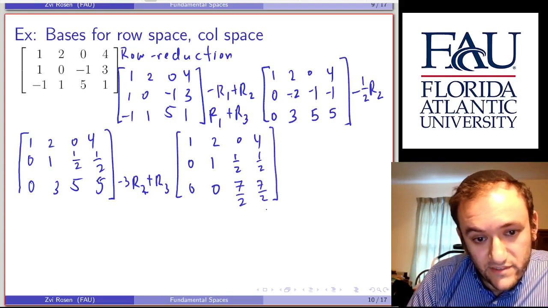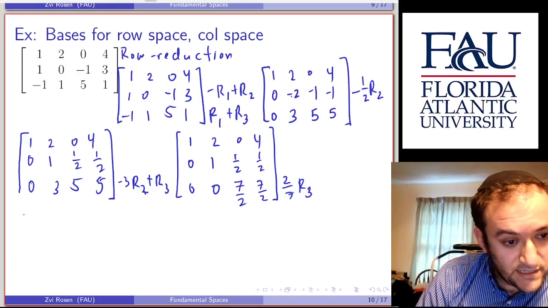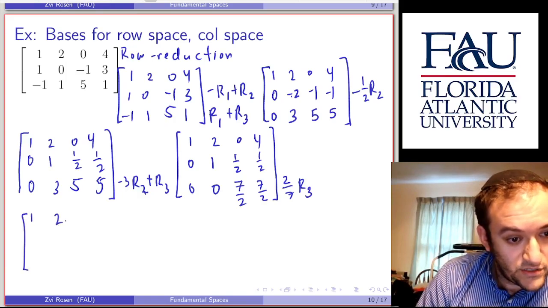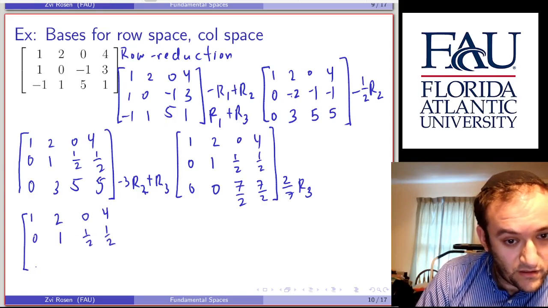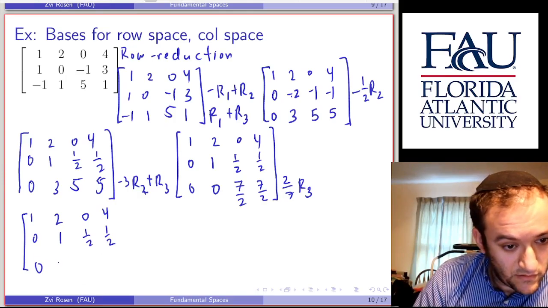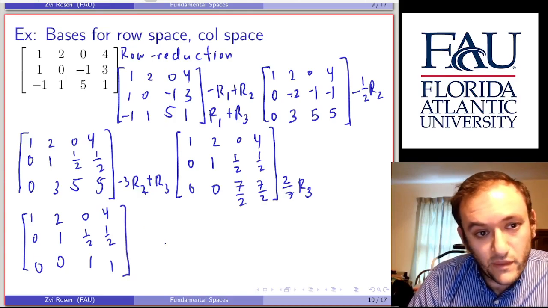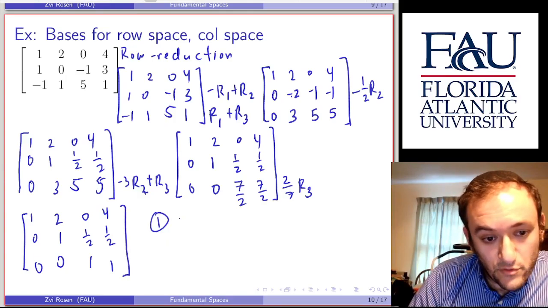And to give this a leading one, we can just multiply by 2 sevenths. 2 sevenths times row 3 gives us 1, 2, 0, 4, 0, 1, 1 half, 1 half, 0, 0, 1, 1.